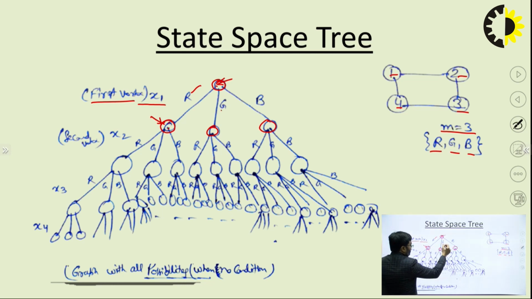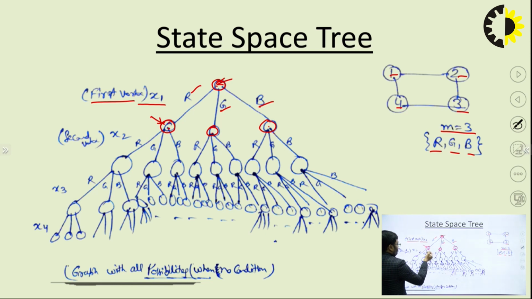Next, if we color vertex 1 with the green color, then we come to this decision node, and if we color vertex 1 with the blue color, then we come to this node with the decision of coloring the first vertex with blue color. So we have 3 decisions, and we have to take one of the 3 for coloring vertex number 1: either red, green or blue. This part is for taking the decision for vertex 1.